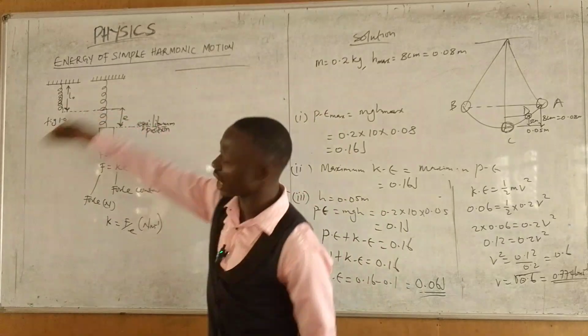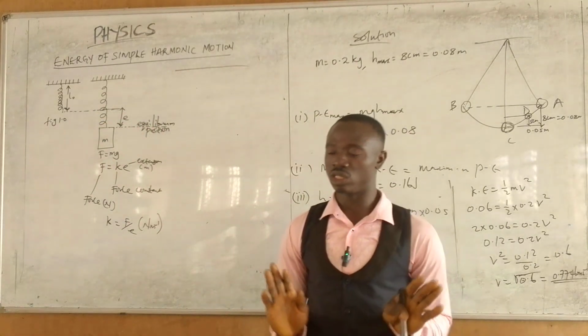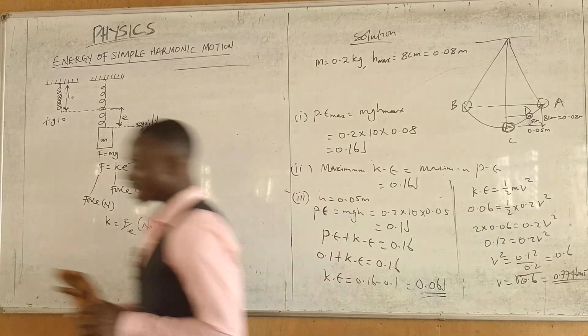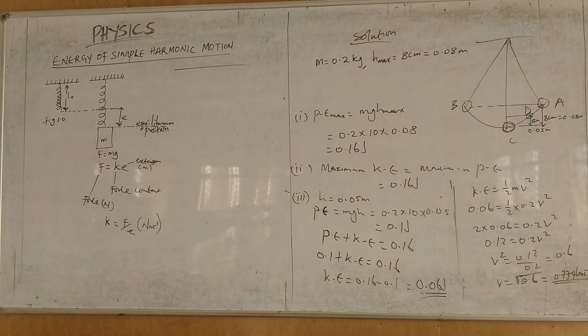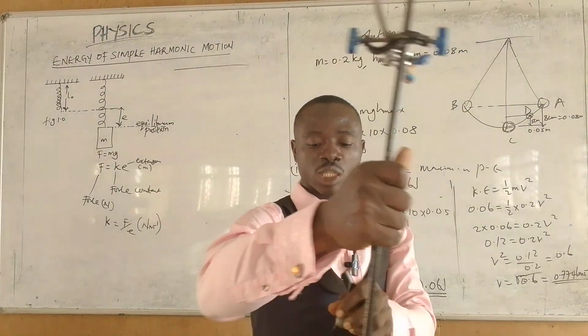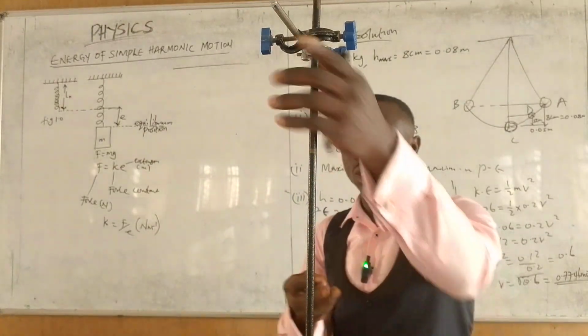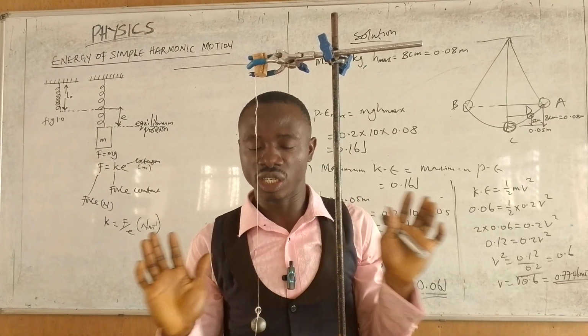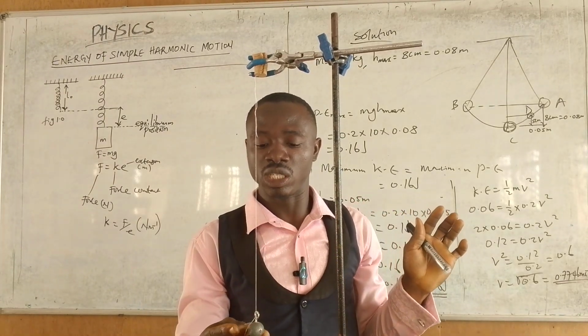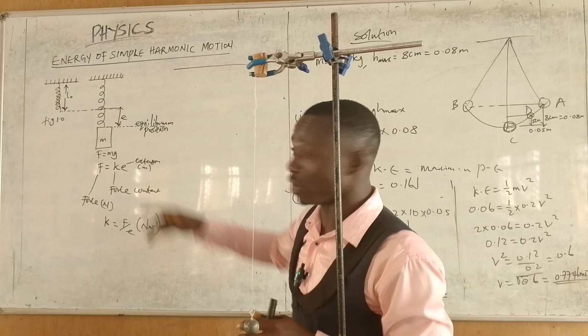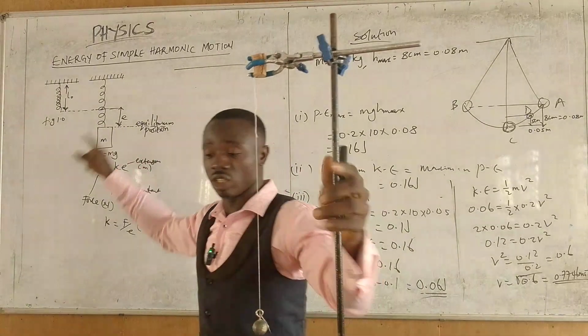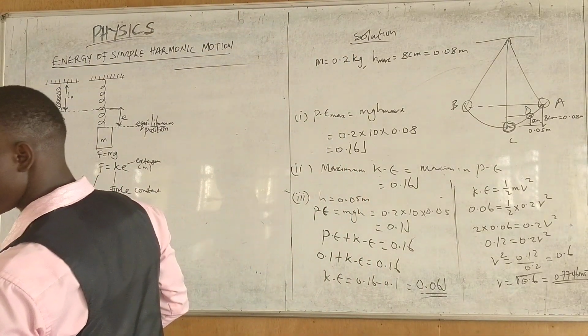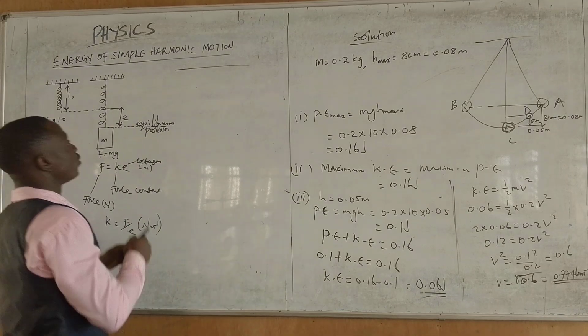So at that point, what we have is the equilibrium position. The mass remains there, just like this bulb remains in position here. This is the equilibrium position. Now you introduce your own force.